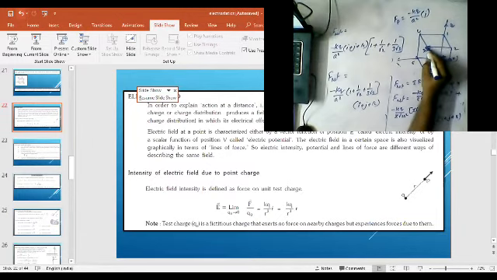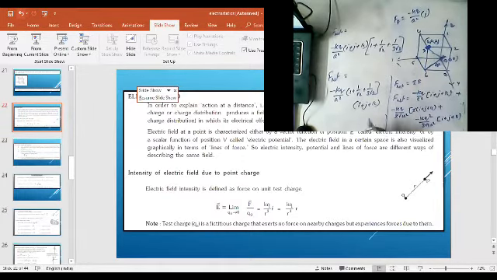If we take the point from a comma a comma a, that is r1 equal to a comma a comma a, and r2 are the respective vertices, then F net will be plus kq by a square into 1 plus 1 by root 2 plus 1 by 3 root 3. Clear?